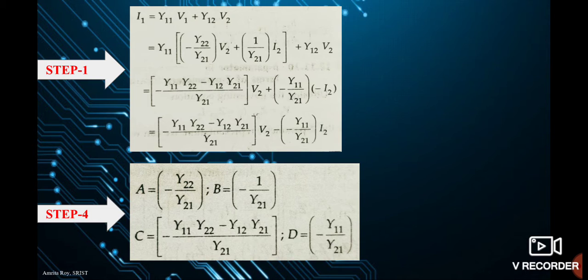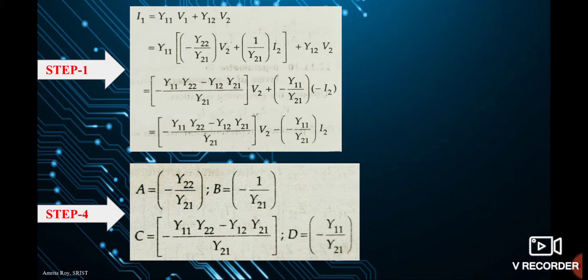So by taking the LCM we will get minus (Y11 into Y22 minus Y12 into Y21) divided by Y21 into V2 plus Y11 divided by Y21 into minus of I2. By rearranging the format we get the last step as minus (Y11 into Y22 minus Y12 into Y21) divided by Y21, whole multiplied by V2, minus, within brackets, minus of Y11 divided by Y21 into I2.